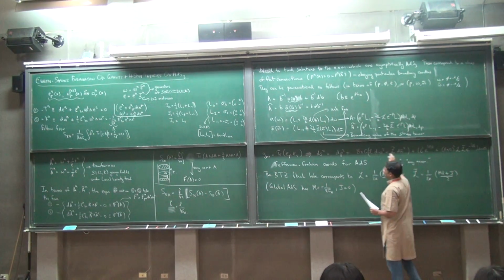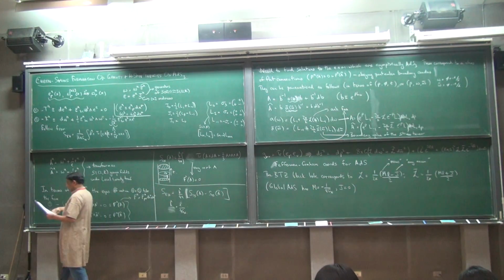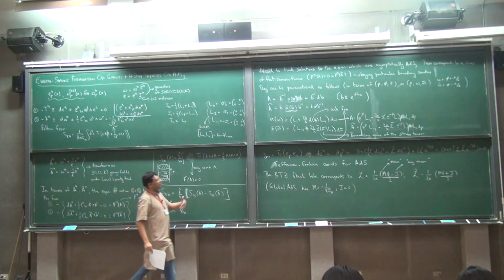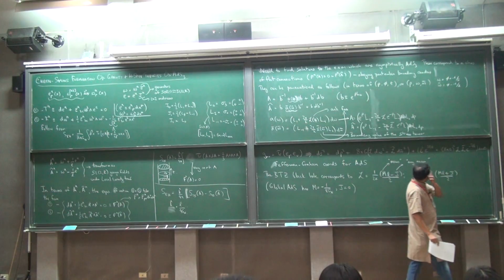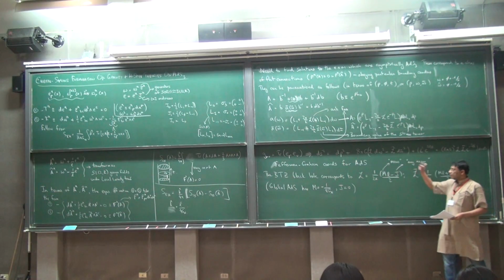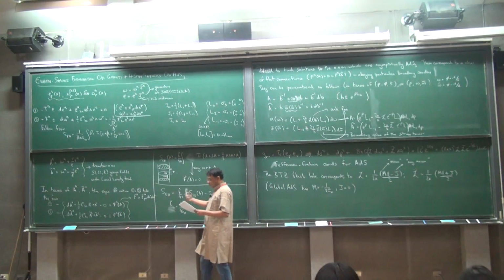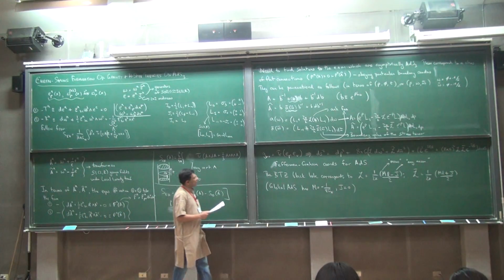Which you can see from this Fefferman-Graham expansion, that there's a particular subleading term in the metric. This Fefferman-Graham expansion is designed so that you have a leading piece, which is the AdS, and then the subleading pieces, which correspond to the stress tensor on the boundary.